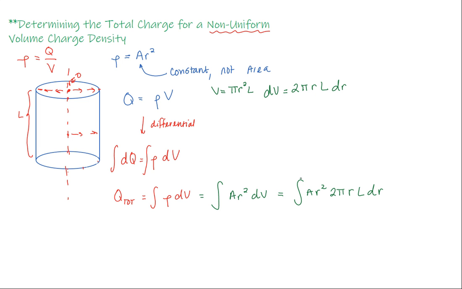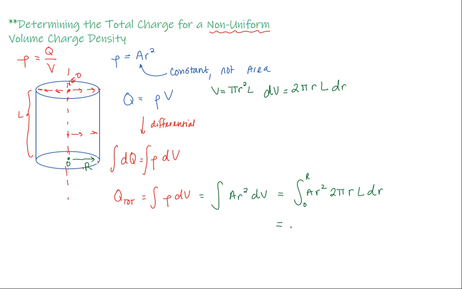I'll pull the constants out of the integral. Before I do that, I want to figure out what my limits of integration are. You're working your way from 0 all the way to the radius of this cylinder, and I'm going to call the radius big R just so that we can distinguish between these. So it's from 0 to big R. Let's pull out any constants.